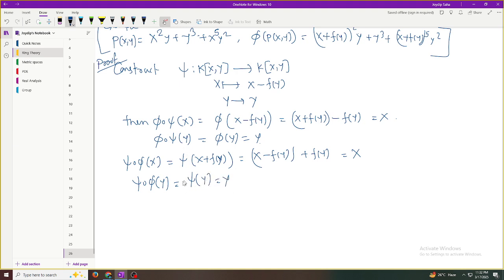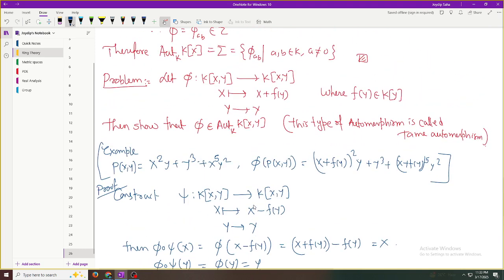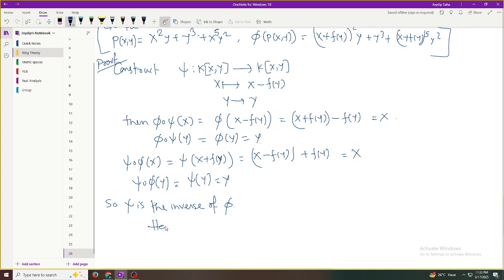So you see that psi is the inverse of phi. Okay, so therefore phi is an automorphism, hence phi belongs to Aut k[x,y].